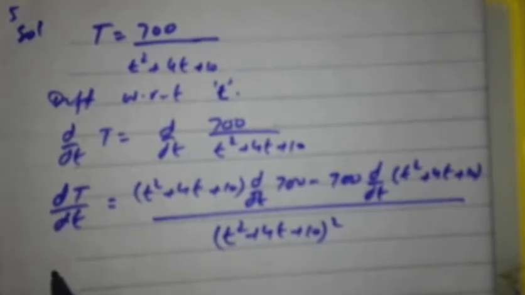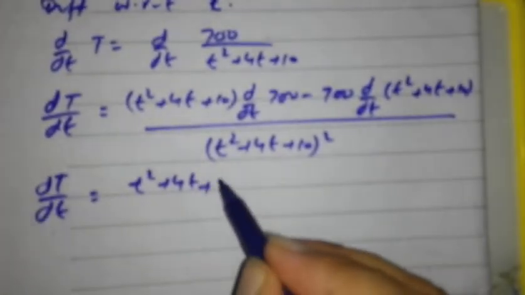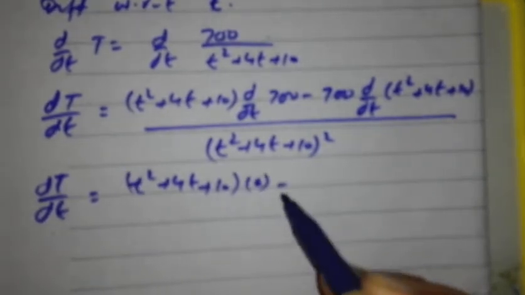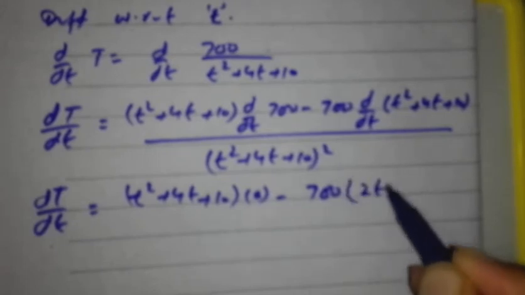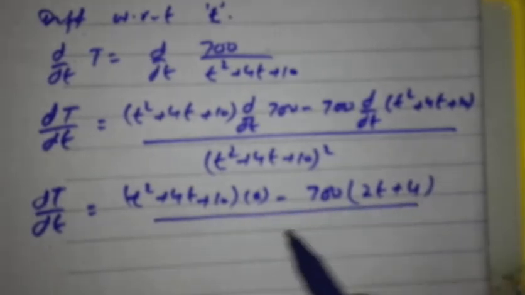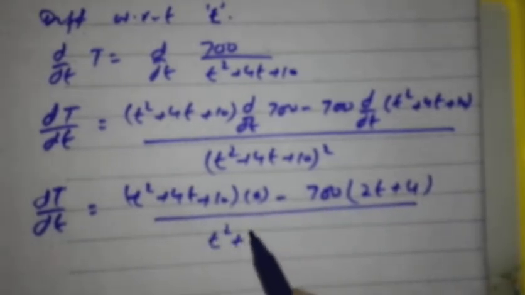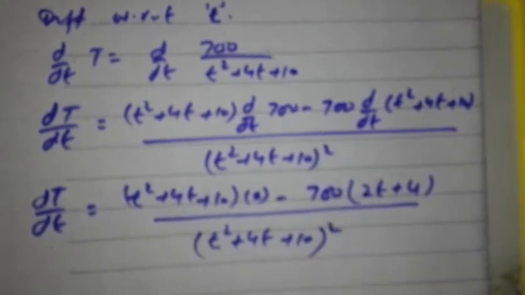So dT by dt equals, here the derivative of 700 is 0, so t square plus 4t plus 10 into 0 minus 700. Now the t square derivative is 2t and the 4t derivative is 4 and the constant 10 derivative is 0, over t square plus 4t plus 10 whole square.